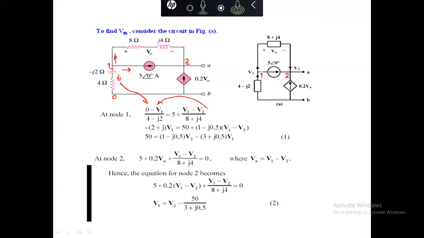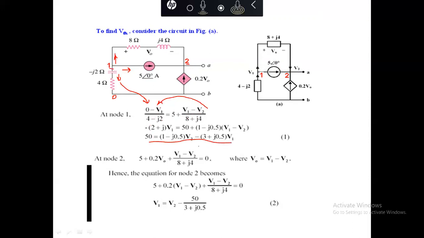This current is 0 minus V1 divided by 4 minus J2, and is equal to 5 plus V1 minus V2 divided by 8 plus J4. So these are correspondingly this current and this current. We simplify this equation in terms of V1 and V2.